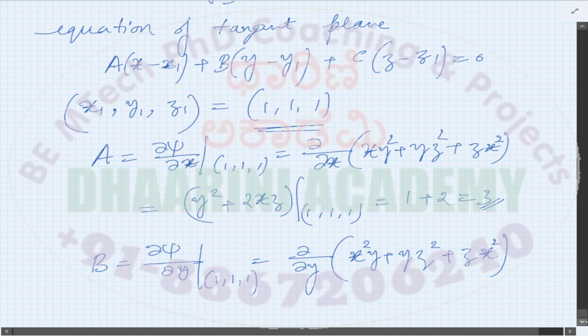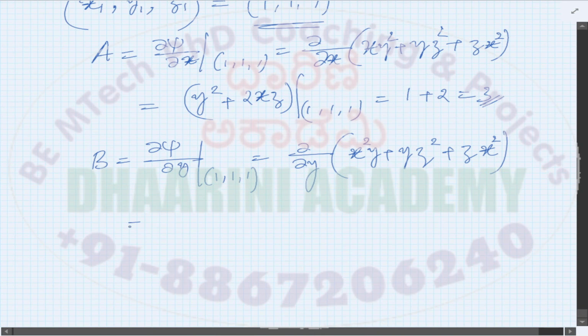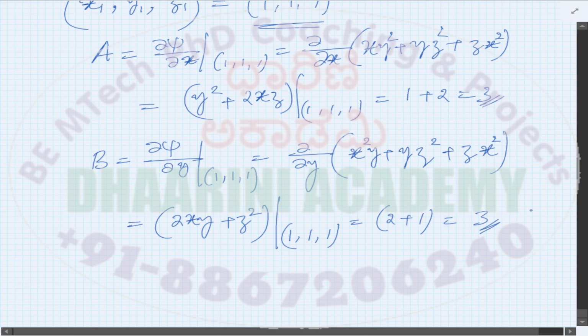This needs to be taken a derivative. So that is going to be x square plus 2yz... I mean 2xy plus z square. Okay, at 1 comma 1 comma 1. So that means this is 2 plus 1. Therefore, this also becomes equal to 3.